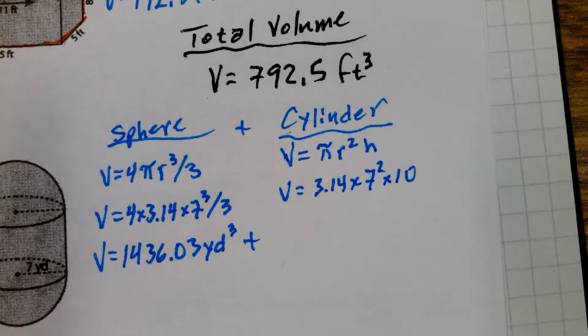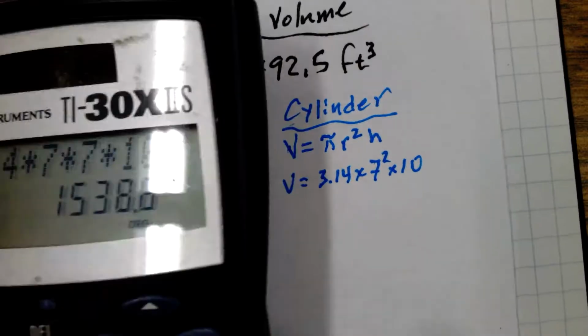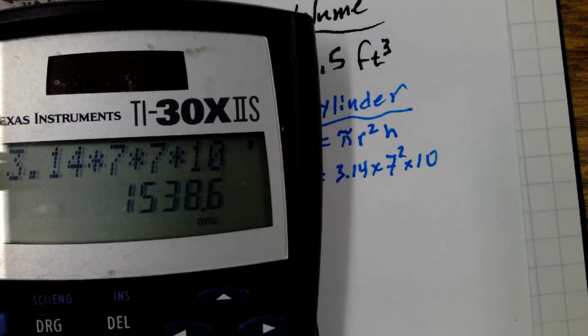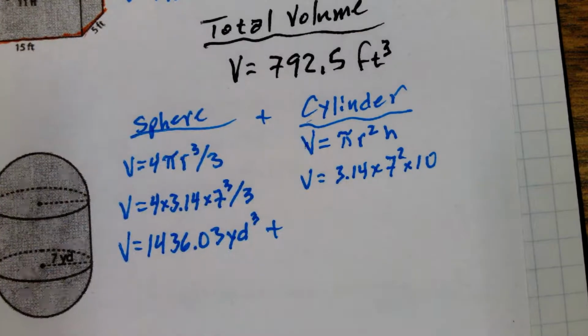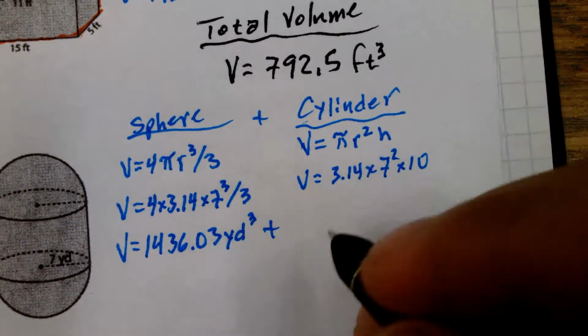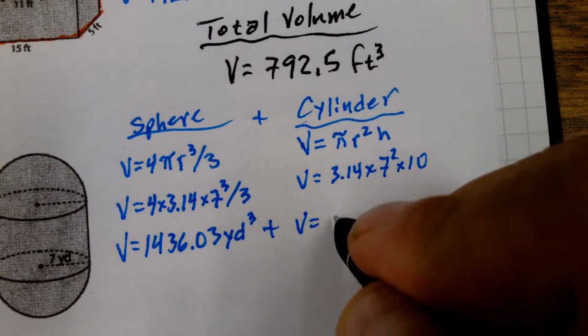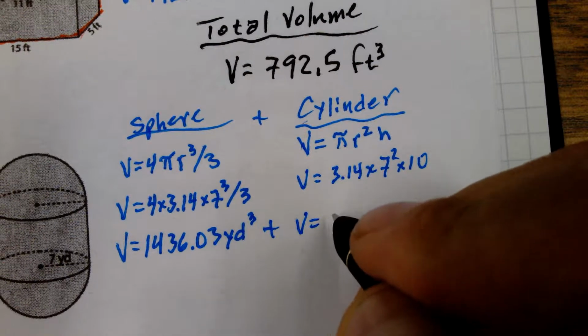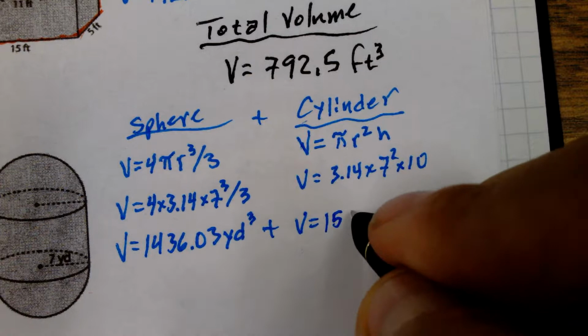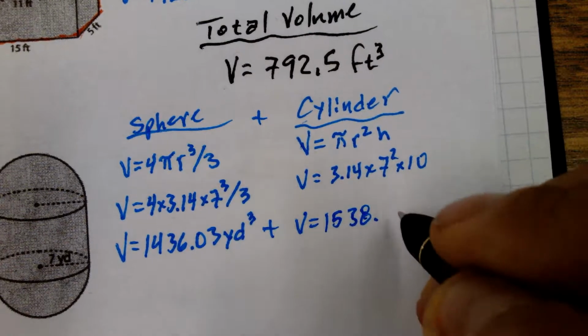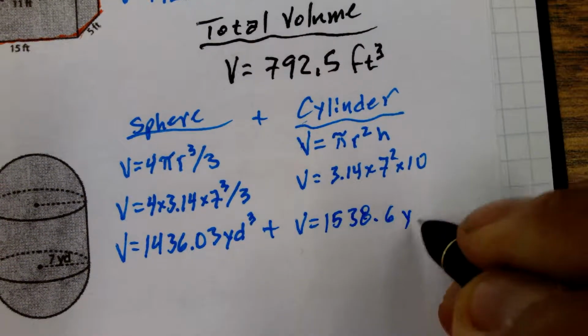So on the calculator, 3.14 times 7 times 7 times 10. I got 1,538.6. And I see some people shaking their head, so I guess that's correct. All right. So what did I say? 1,538.6 cubic yards.